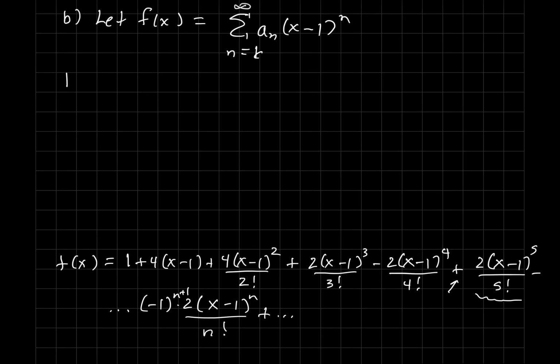And define b sub n to equal n factorial over n times 3 to the n times a sub n.